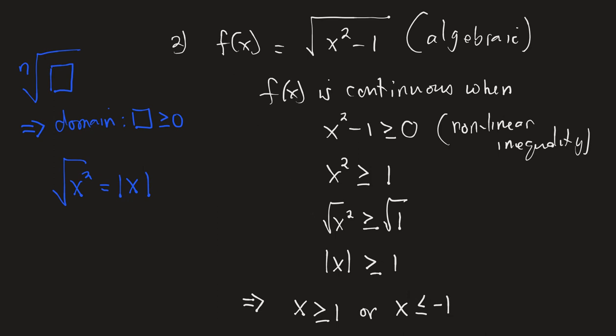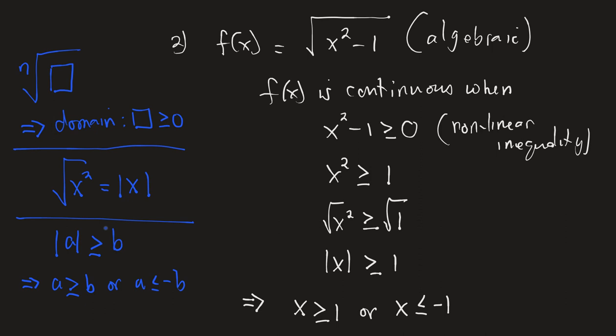Let me write that over on the left. So in general, if you have the absolute value of A is greater than or equal to B, where B is a positive number, then this leads to 2 possibilities. Either A is greater than or equal to B, or A is less than or equal to negative B, right?